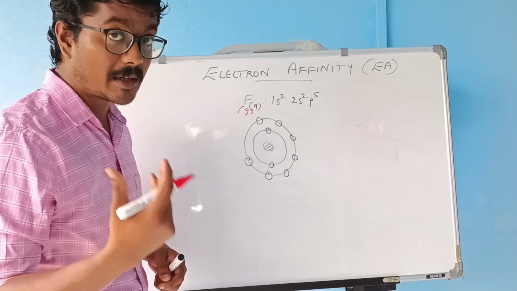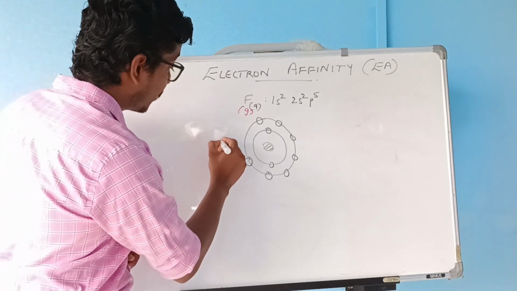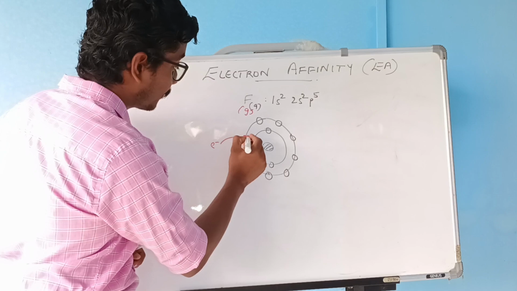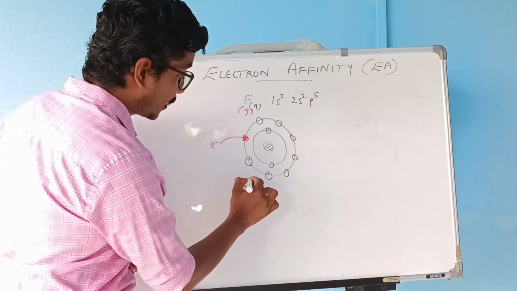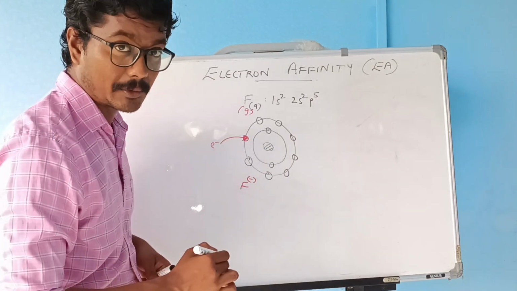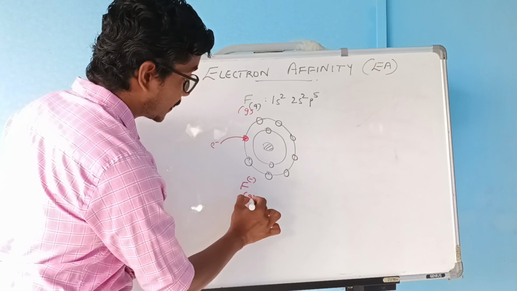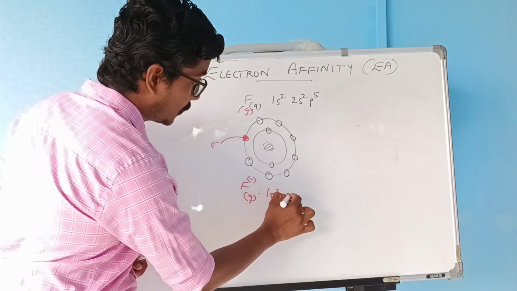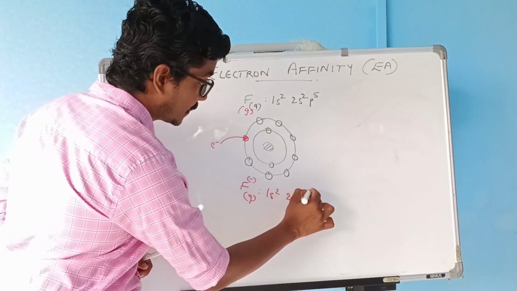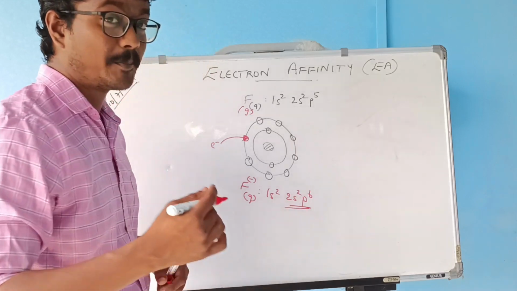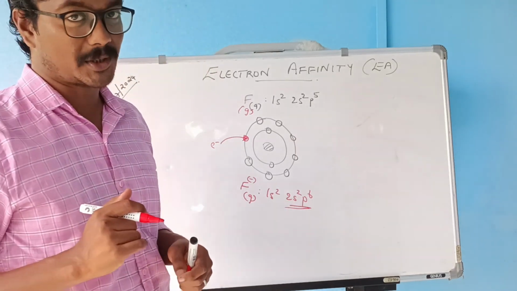As a result of that, what is going to happen? If it accepts one more electron, fluorine gets converted into the fluorine anion, which is also in the gaseous state, 1s2 2s2 2p6. So it will attain the noble gas configuration.